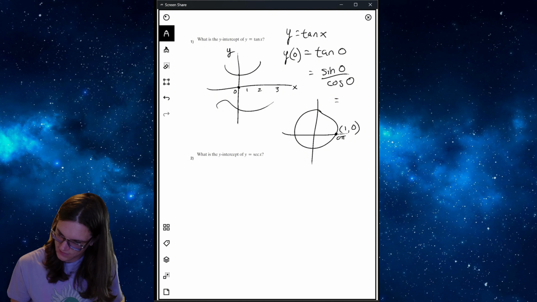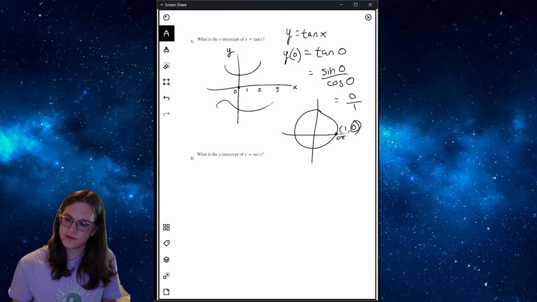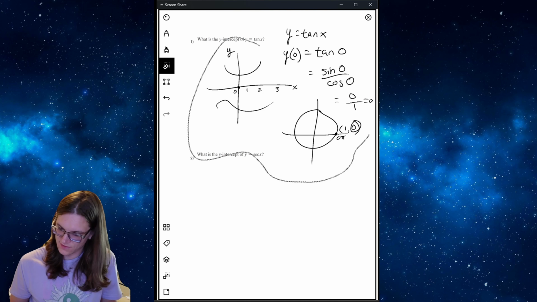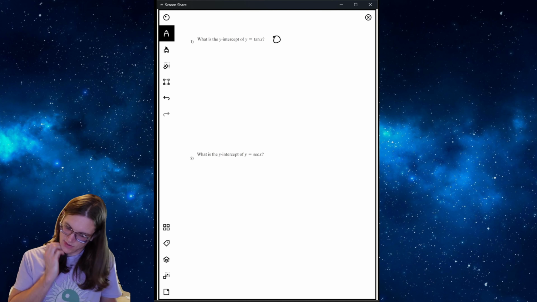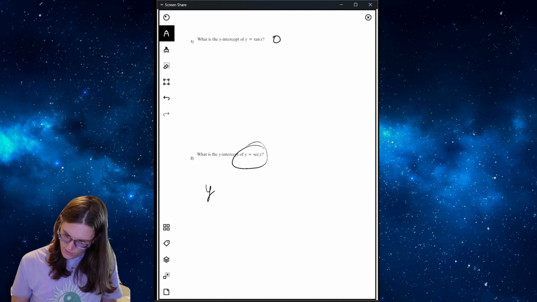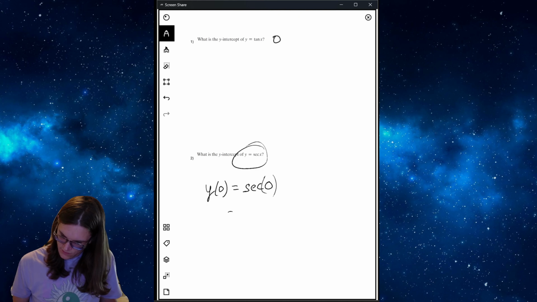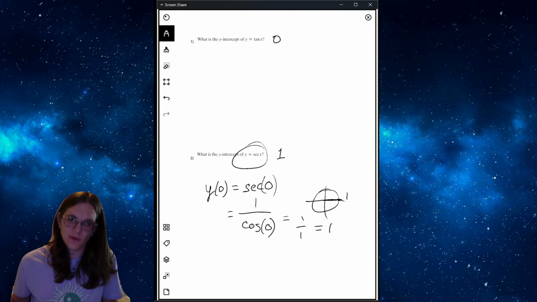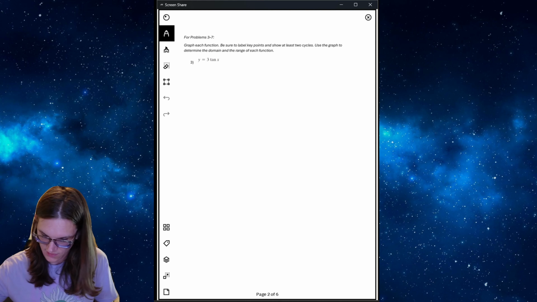Alright, so sine is 0, cosine is 1, 0 over 1 is 0. The y-intercept of tangent of x is 0. So what about secant of x? y of 0 equals secant of 0, which equals 1 over cosine of 0, and cosine of 0 is 1, so it's 1 over 1, or 1. The answer is 1. Kind of easy hitters right there.